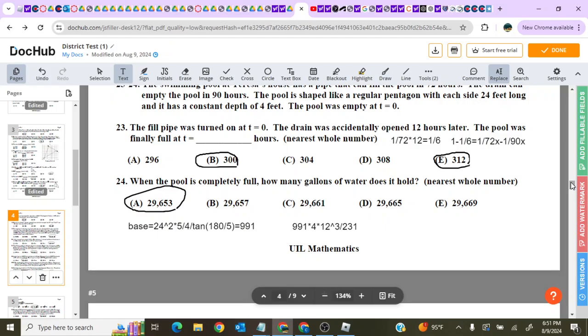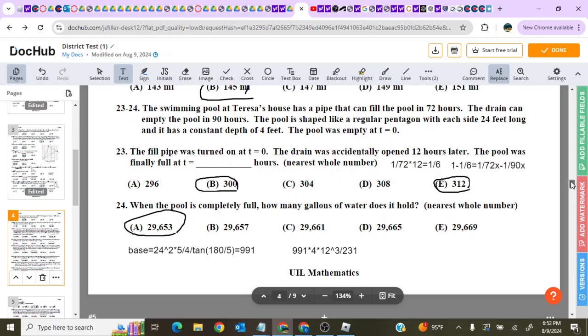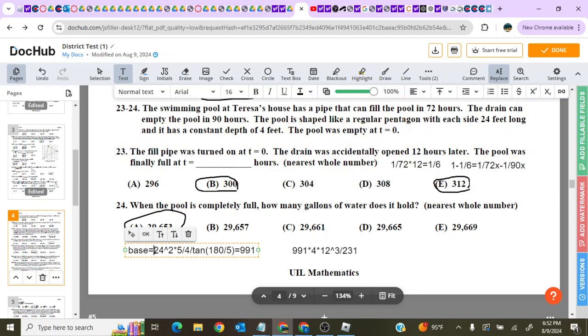24. When the pool is completely full, how many gallons of water does it hold? Okay, well, we've got to figure out the area of your pentagon base and then multiply it by your height. So the area of a regular polygon is side squared times number of sides over 4 over tangent of 180 over the number of sides. And if you do that, you will get a value of 991.